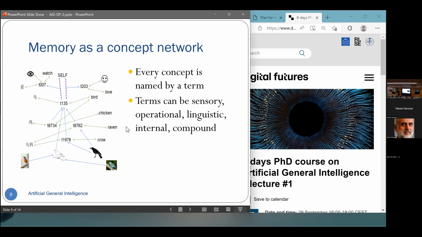And also there's a whole bunch of things called internal concepts. That's more like what I just said. Also very important, there are compounds. You combine concepts in a certain way to build more complicated ones. And this is also a topic we are going to go into in detail in the future.